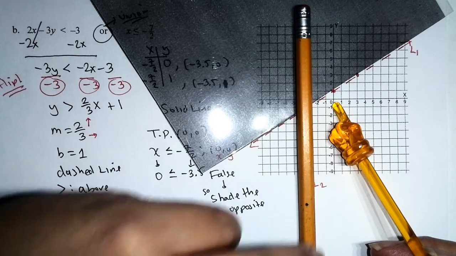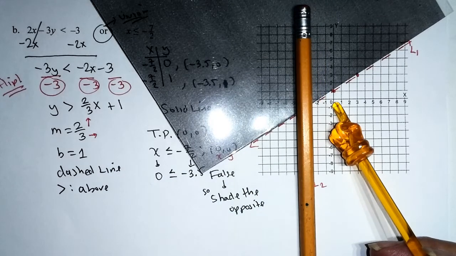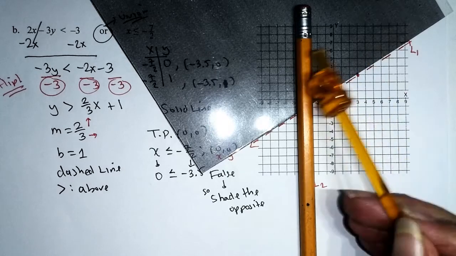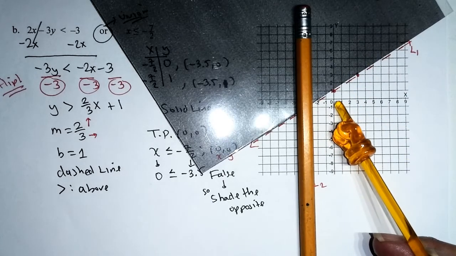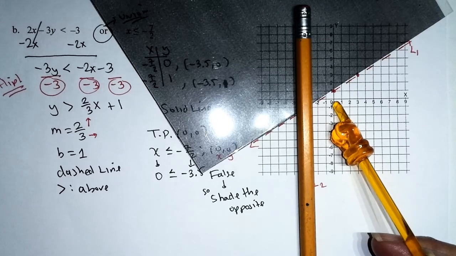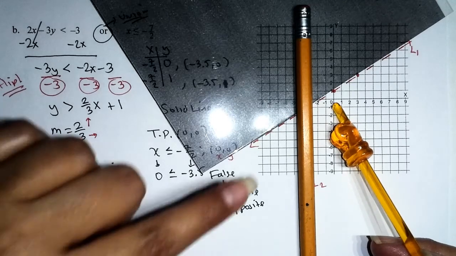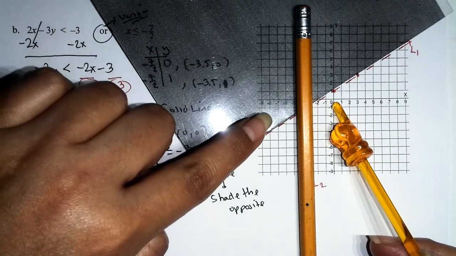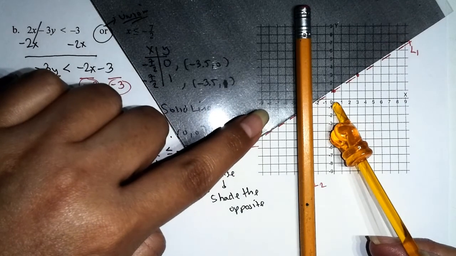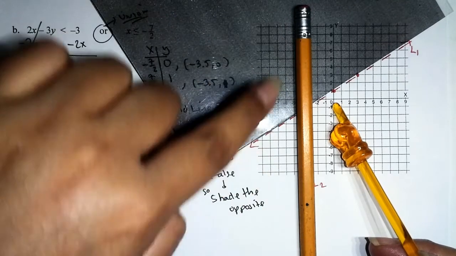Remember, when we use the test point method to graph, if we get a true statement, then we shade the same side, meaning the side where the test point is located. But if we have a false statement, then we shade the opposite side, the side where the test point is not located. So in this case, we're going to shade this part right here.